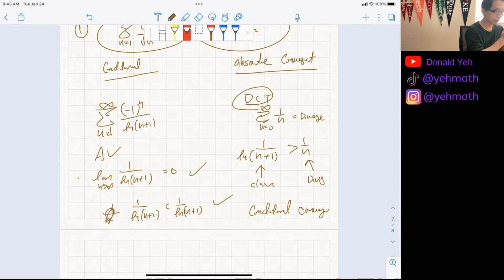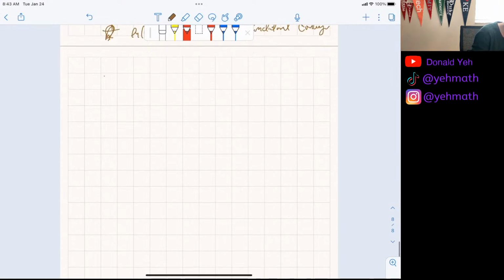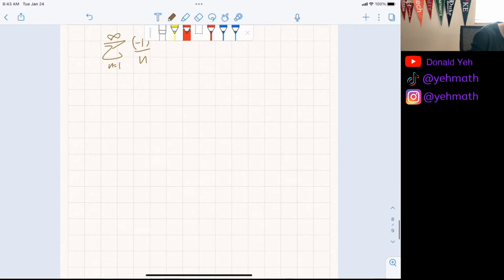So I'm going to do one more illustration. For example, if you have the alternating series of (-1)^n over n, n equal to 1 to infinity, let's just use 10 spaces. Here is 5, here is 10.